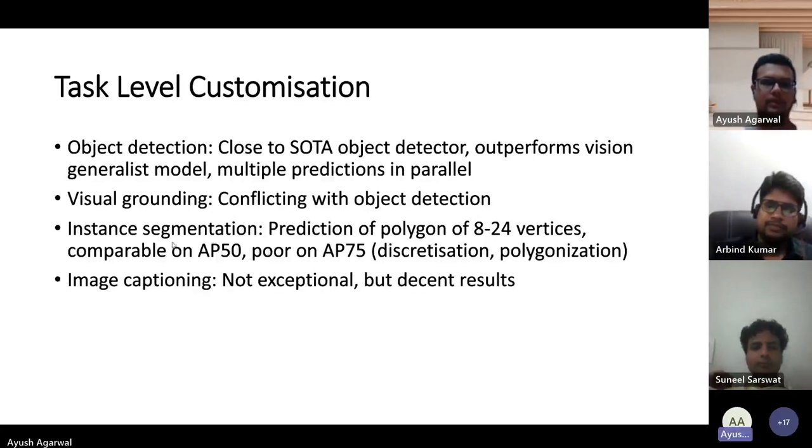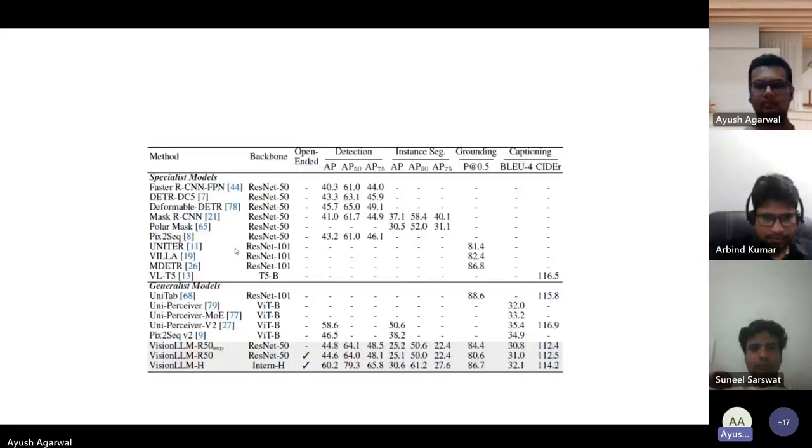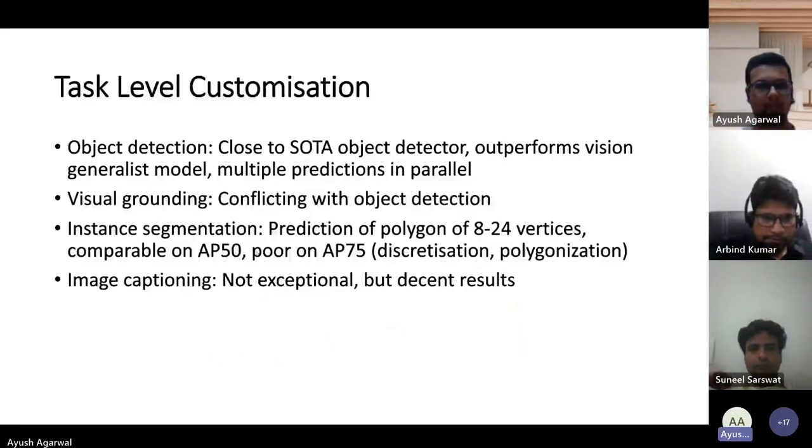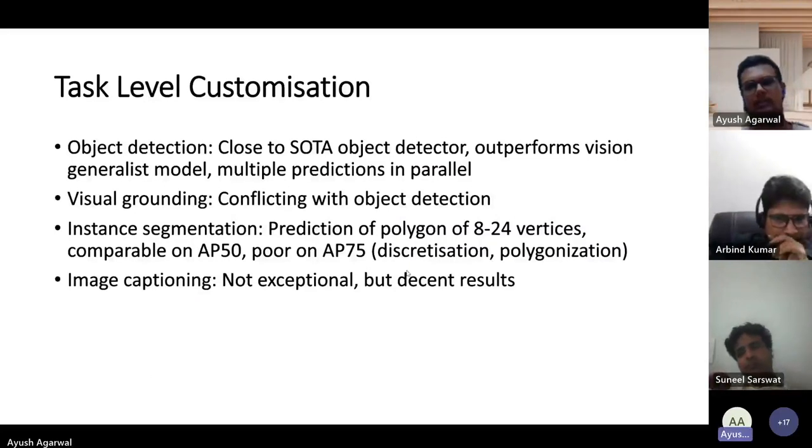The results for average precision at 50% were comparable to other models, but the results at 75% were poor. This could be due to discretization of the location tokens and polygonization, as in we are dividing it into vertices.